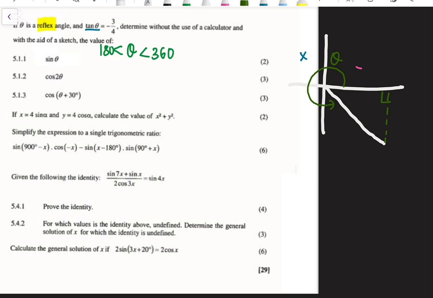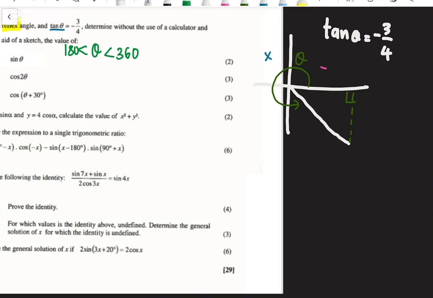So now we are told that our tan theta is equal to negative 3/4. Remember the definition of tan is y/x. So basically, they are telling us that our y is negative 3 because in the fourth quadrant, y is negative, and our x is positive 4.